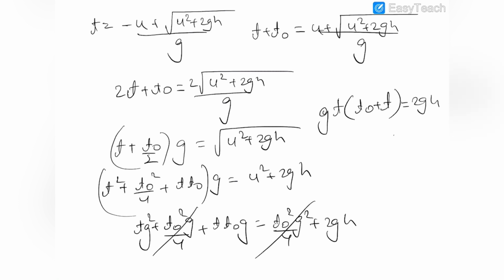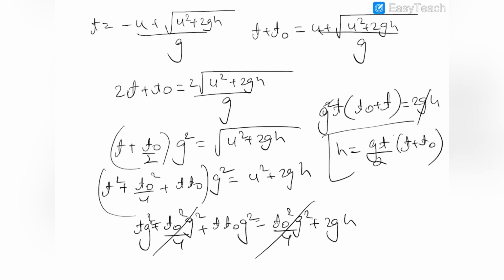Cancelling g with g, h would be equal to g t by 2 into t plus t naught. So this is the height of the tower.